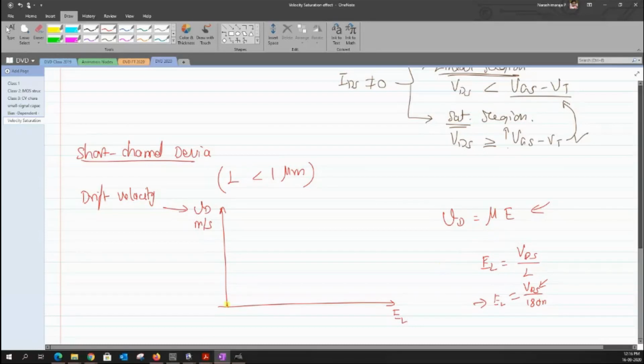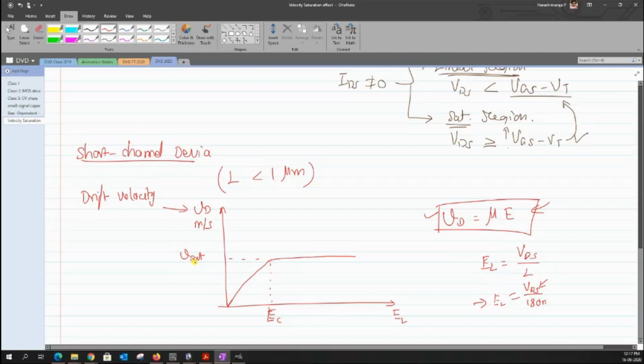Okay, so what I'm trying to say is that for small values of electric field, the relation is generally given by this particular expression. But after attaining a particular electric field, which we call the critical electric field EC, the velocity of the carriers becomes constant and it attains a saturated velocity.